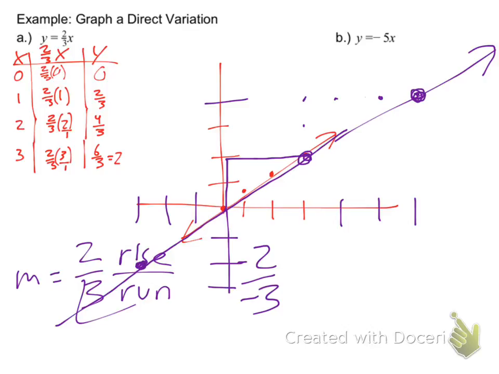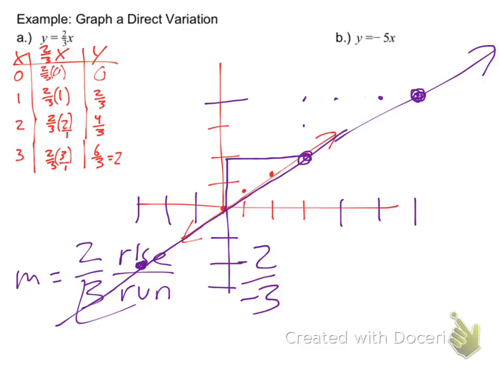I'm going to have you guys do part B. I'll tell you this, and I've been saying this for a while now: slope as a fraction is your friend. Why? Because now you have a rise over run. Is negative 5 a fraction right now? Not right now. You can change it.